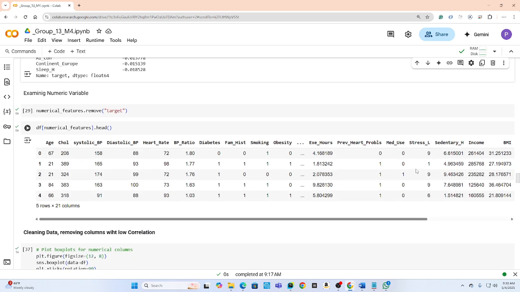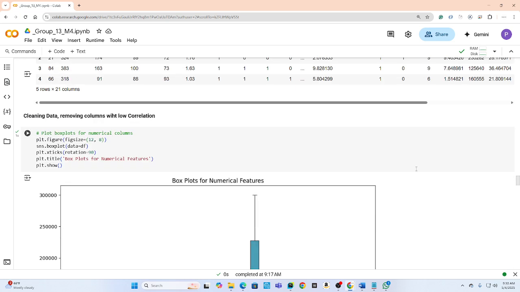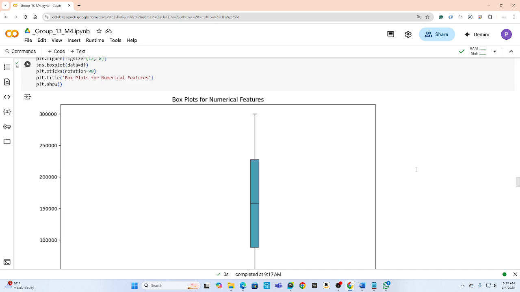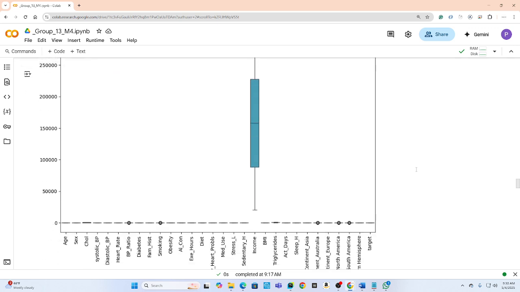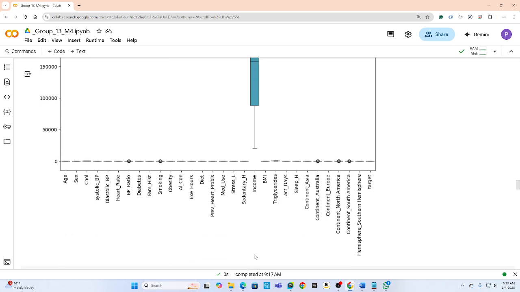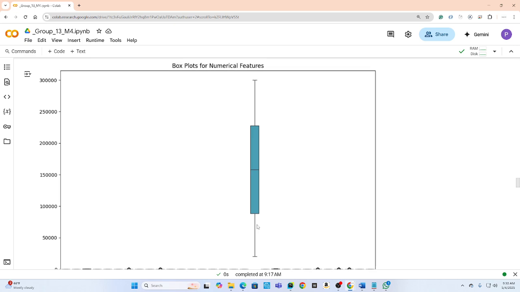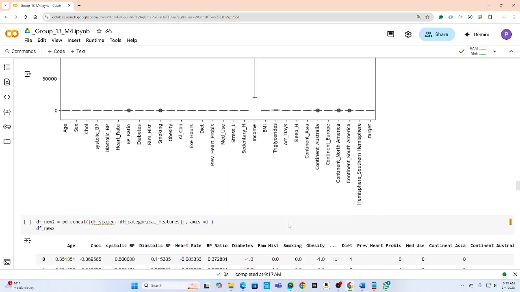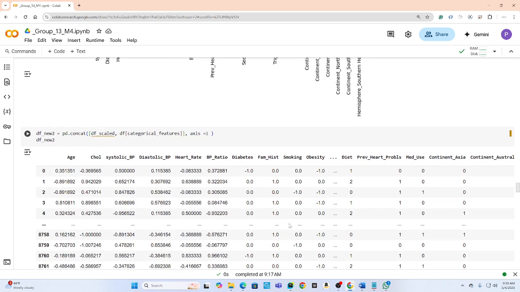Now, based on this, we were able to start removing and cleaning some data by looking at the columns with low correlation. On this analysis, we see that the income plot has a very low correlation because income does not affect too much whether somebody has a heart attack.